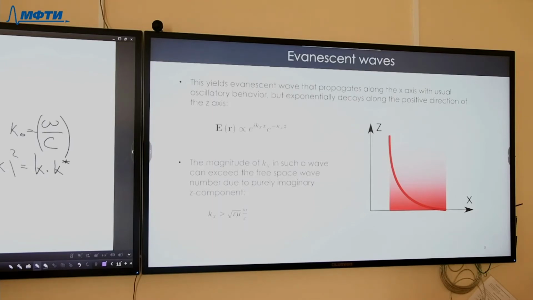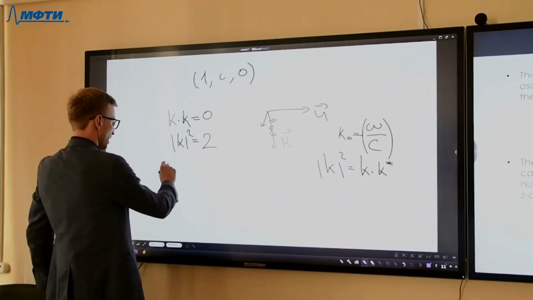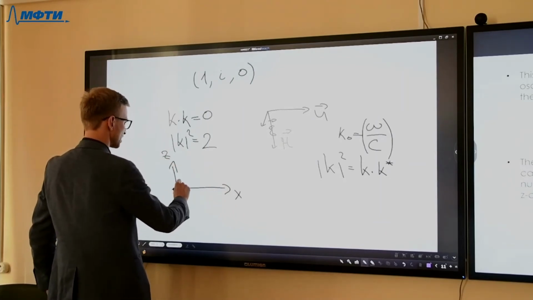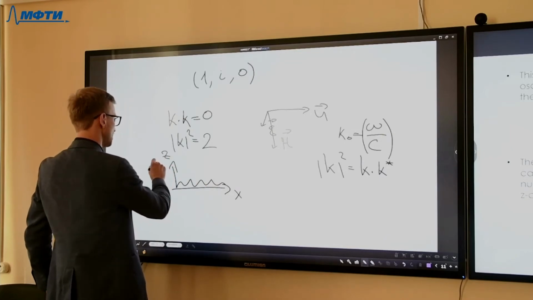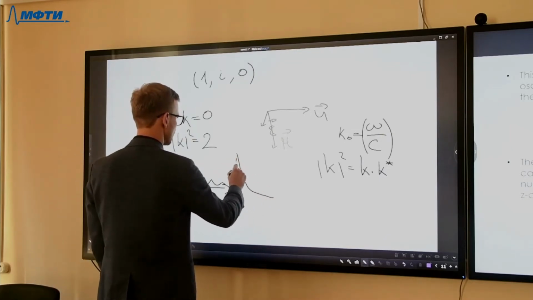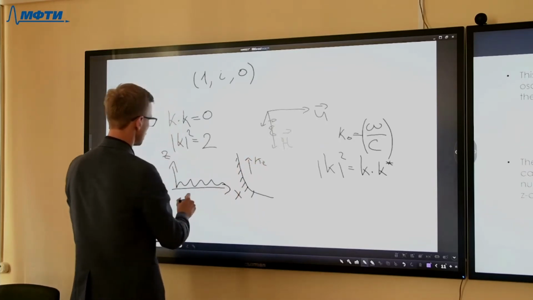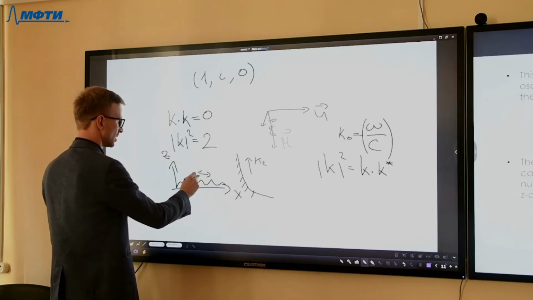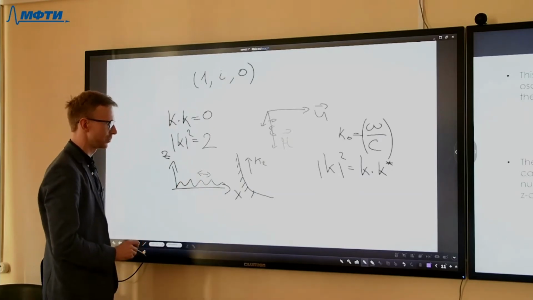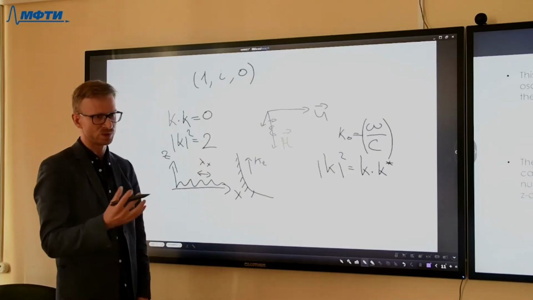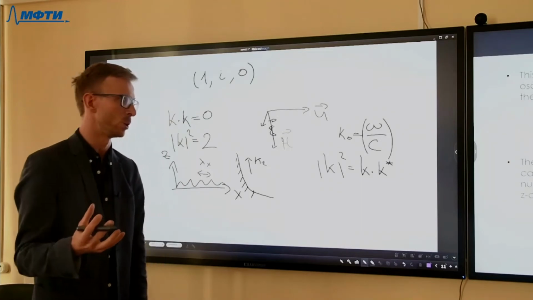And this is something really interesting because we can introduce an effective wavelength of this wave. Let's imagine that we have our evanescent wave that propagates along x and decays exponentially along z at rate kappa z. So now we can introduce the effective wavelength along the x-axis, lambda x, which would indicate the distance between two peaks or two dips of our wave.